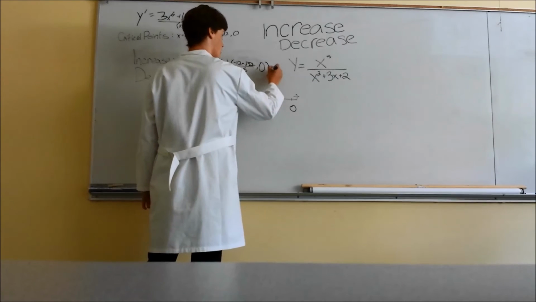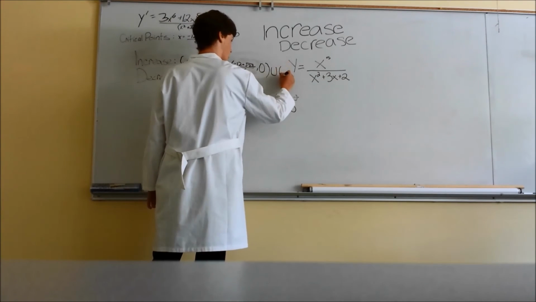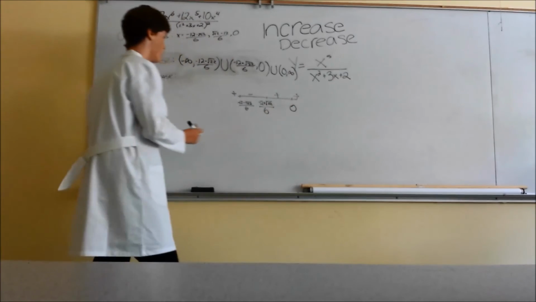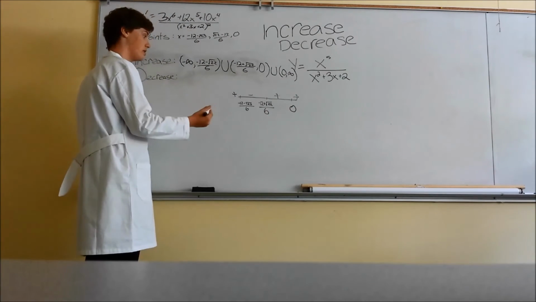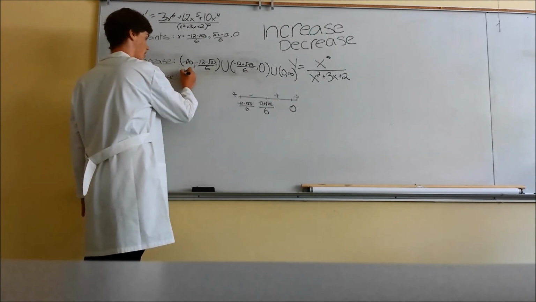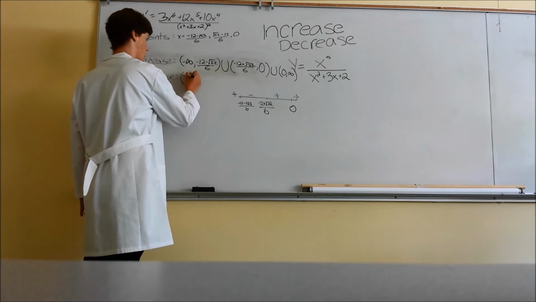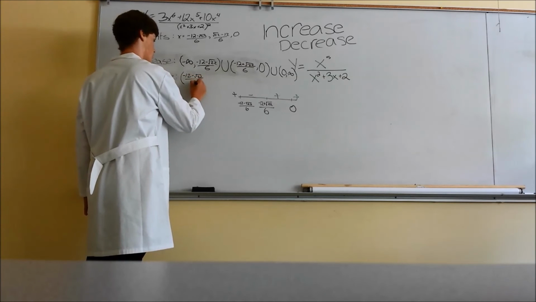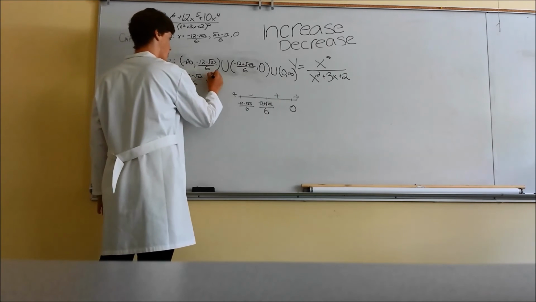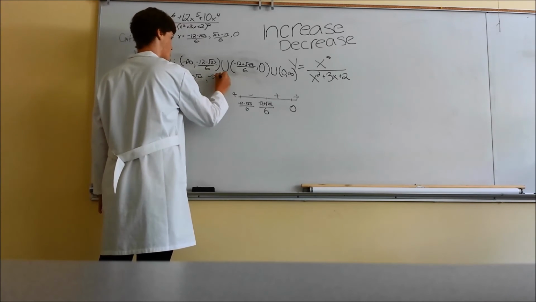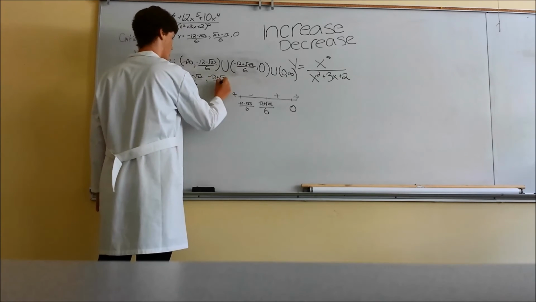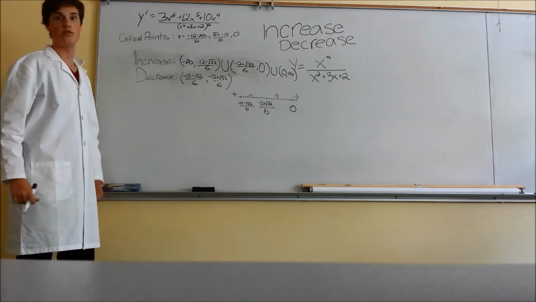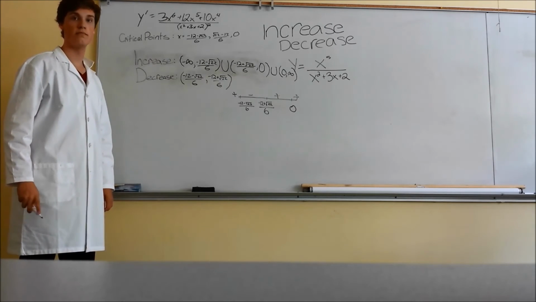And then finally, on the interval of 0 to infinity, which means that our graph is decreasing only between negative 12 minus root 22 over 6 and negative 12 plus root 22 over 6. And those are our final intervals of increase and decrease.